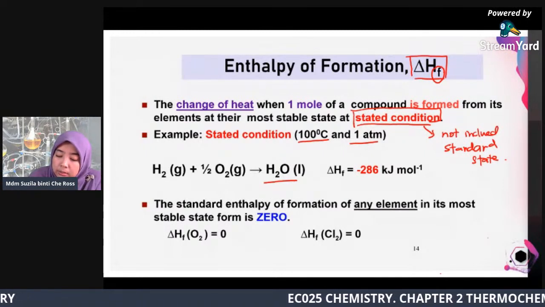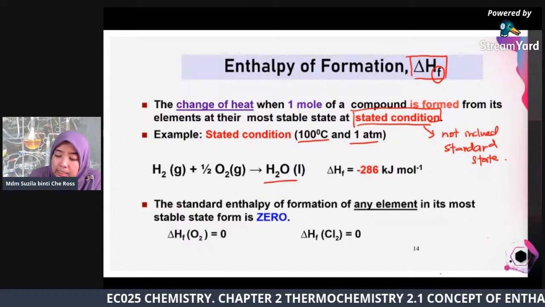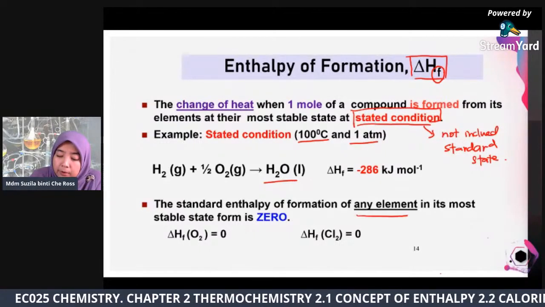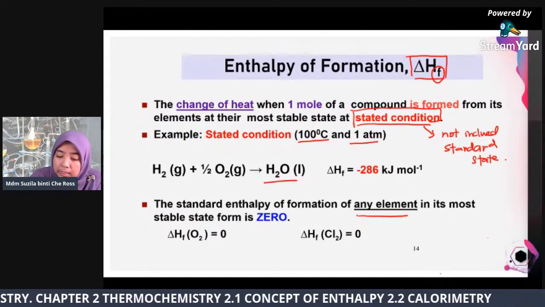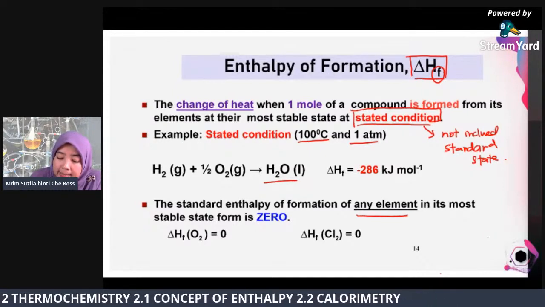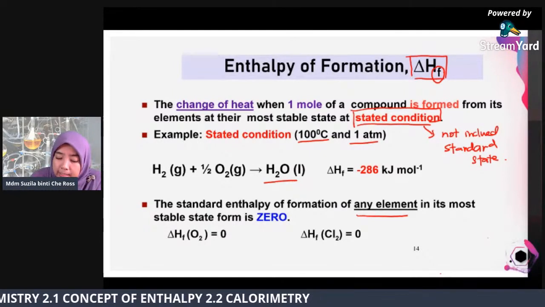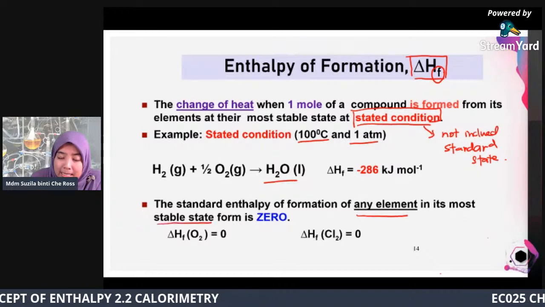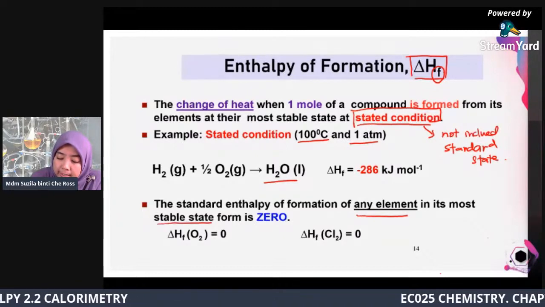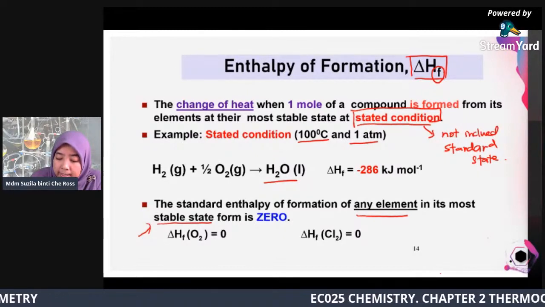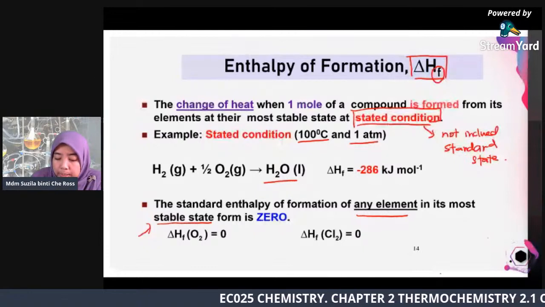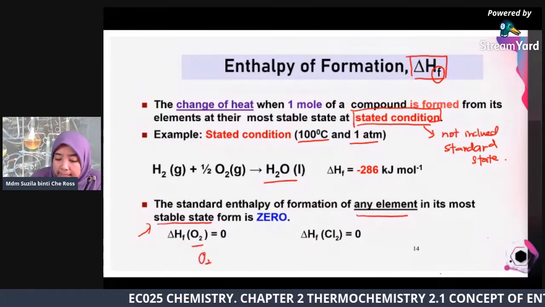Okay, so standard enthalpy formation for any element in its most stable state form is 0. Okay, for any element at stable state kat sini maksudnya pada keadaan asal dia lah. Contoh oksigen stable state dia adalah dalam O2, wujud dalam bentuk dui molecule and phase gas.